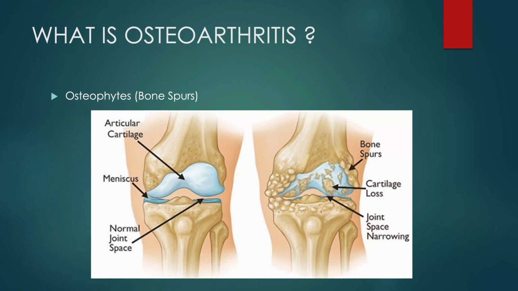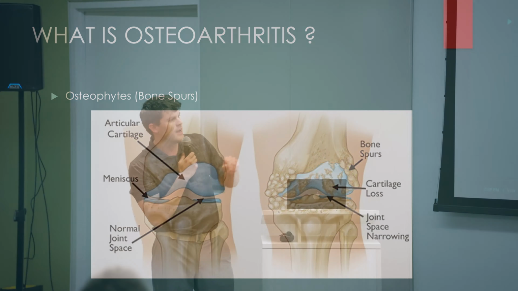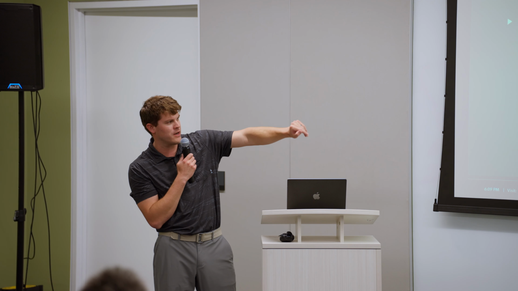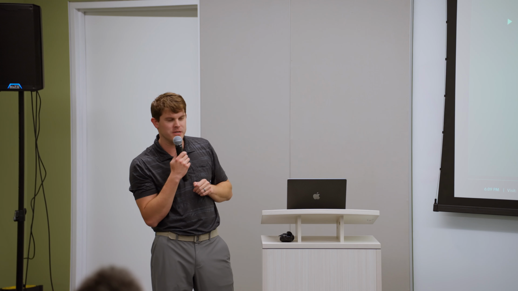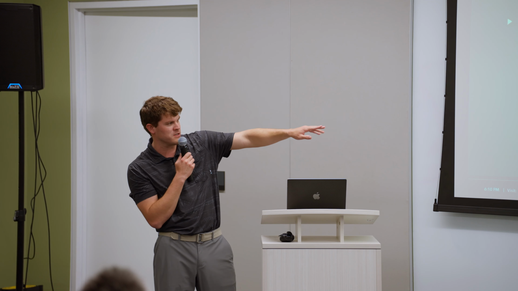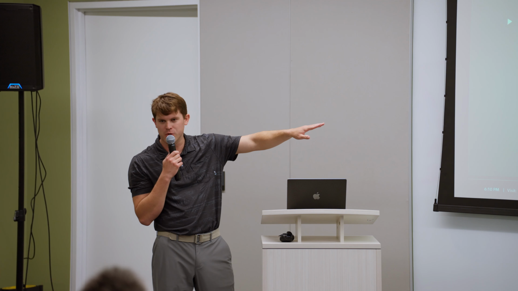So again, this is another knee, and you can see on the left there's a normal knee with some good healthy cartilage there. Meniscus is in between the knee. Meniscus is a soft tissue that forms a cushion for the knee. And on the right side, you have some cartilage breakdown, very patchy coverage of cartilage on the knee joint. And you have these developments of bone spurs, these little bony outgrowths along the joint there.